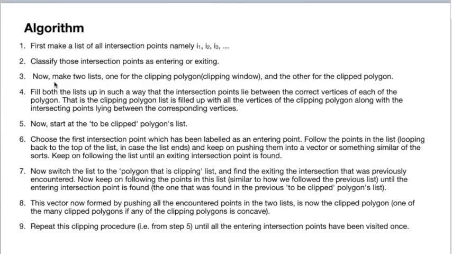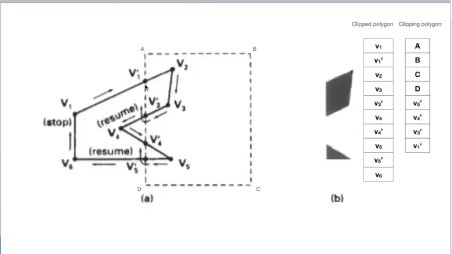Then you classify those intersection points as entering or exiting. Here the polygon is processed in a clockwise direction. So each of these intersection points, you take first V1 dash, you label it as whether entering or exiting.